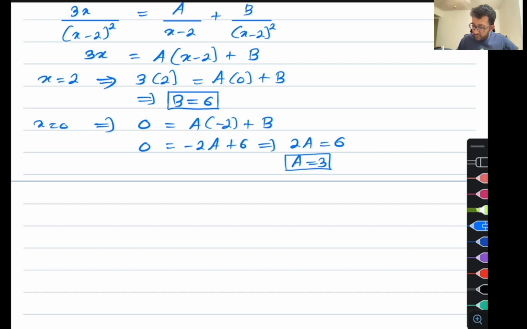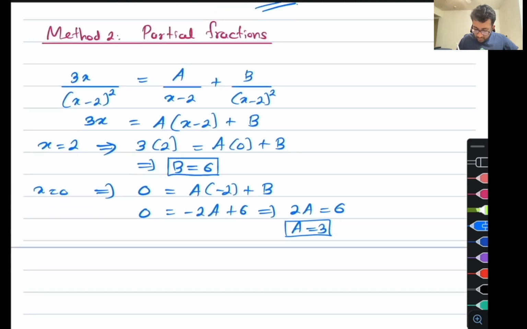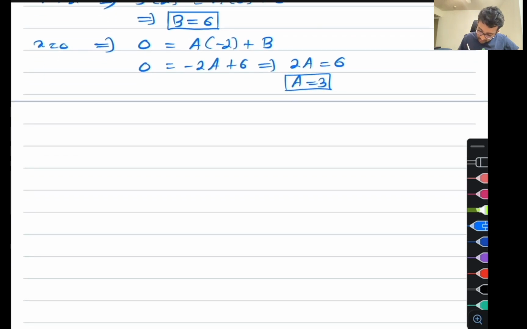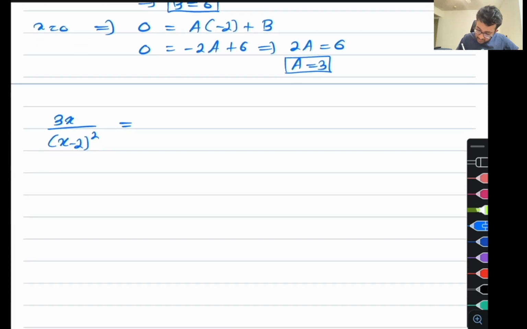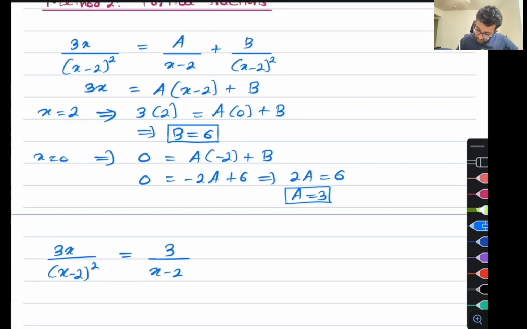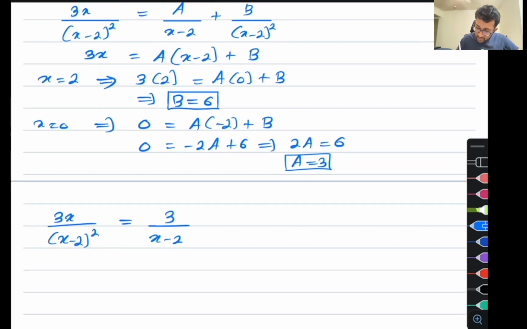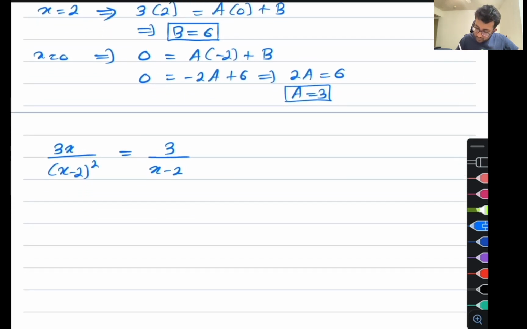Now I finished finding partial fractions. So 3x divided by (x minus 2) to the power 2 is going to be equal to a divided by (x minus 2), that is 3 divided by (x minus 2), plus b divided by (x minus 2) to the power 2, b is 6, so 6 divided by (x minus 2) to the power 2.